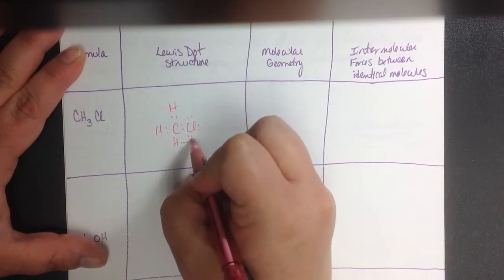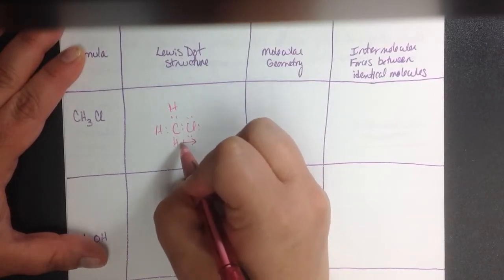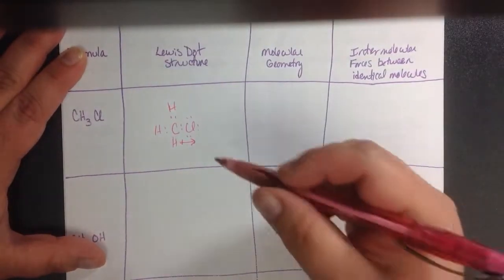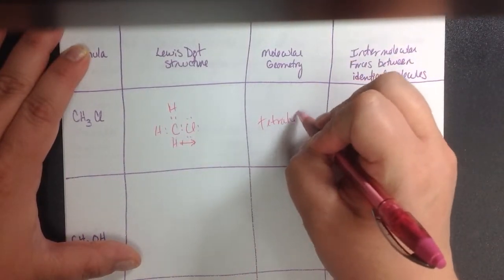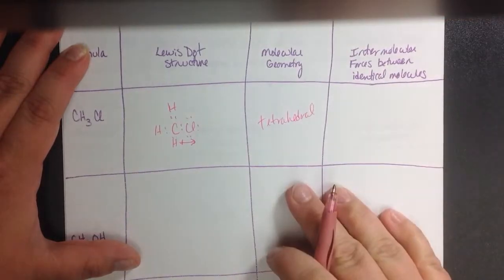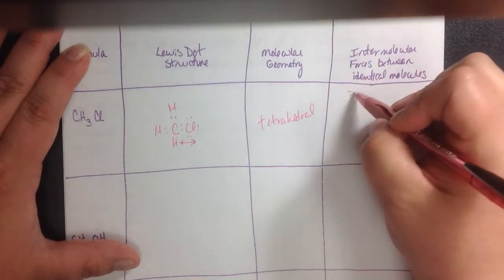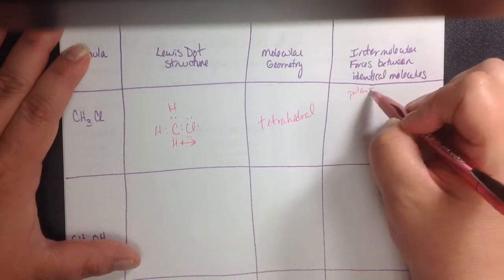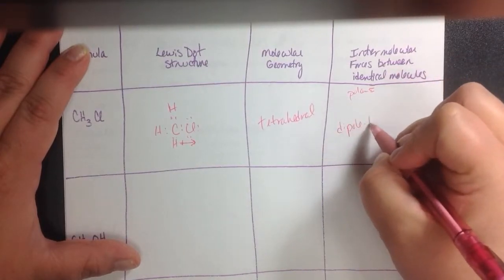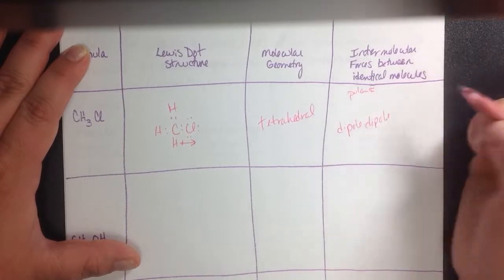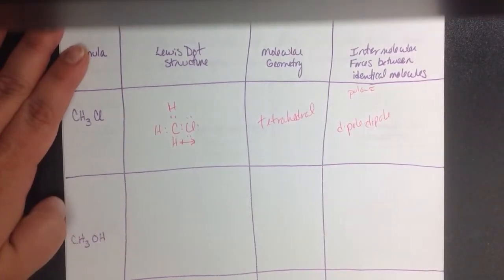There is a dipole moment this direction. Molecular geometry around the carbon is tetrahedral. That is a polar molecule, which means that there are dipole-dipole interactions.